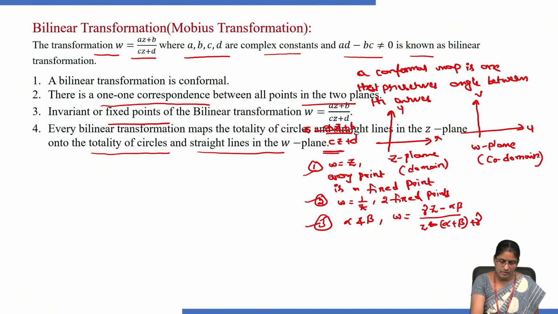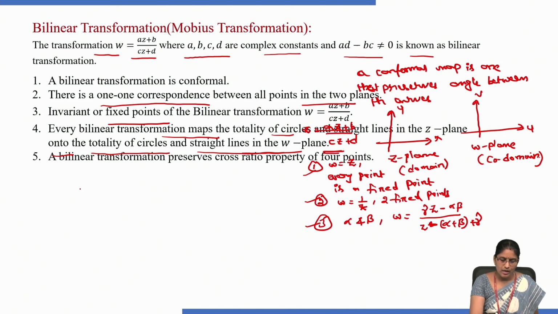A circle in z-plane becomes a straight line in the w-plane, or a straight line in w-plane becomes a circle in the z-plane.